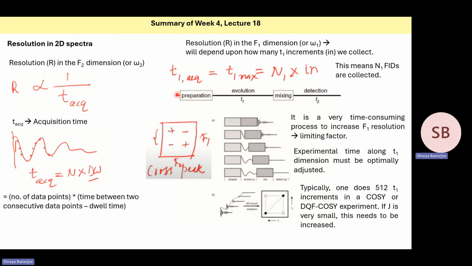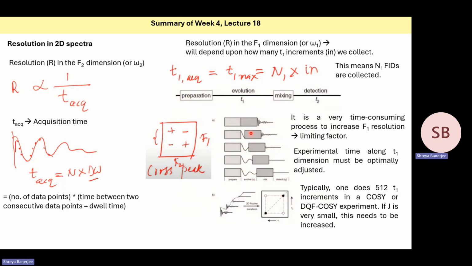Initially T1 is taken as 0, then it is increased by delta T1, 2 delta T1, and so T1 is incrementally increased, and each time after mixing, that is the second pulse, T2 is collected. So for each value of T1, you get a different FID, and the 2D Fourier transform of all these FIDs gives you the 2D spectrum.